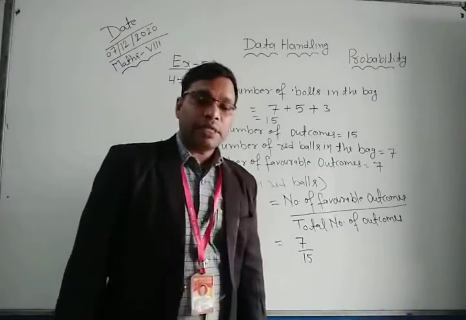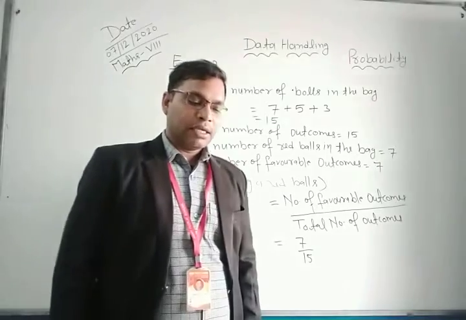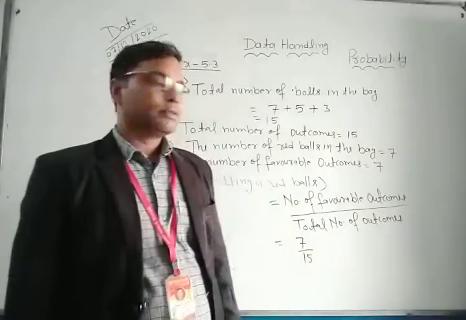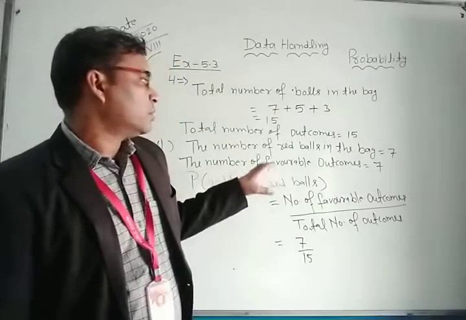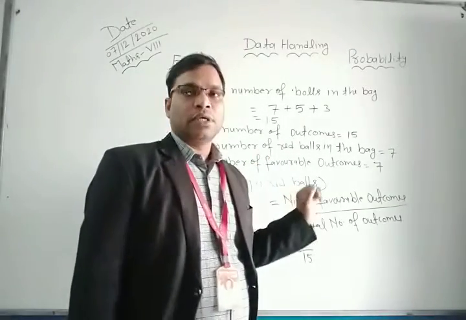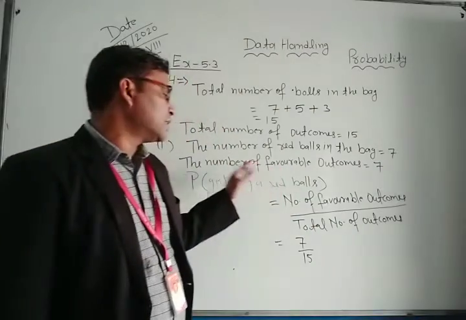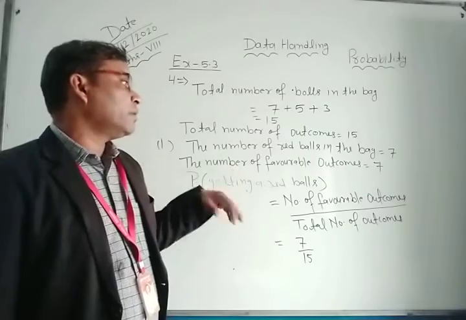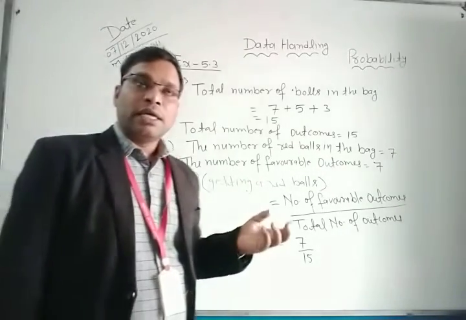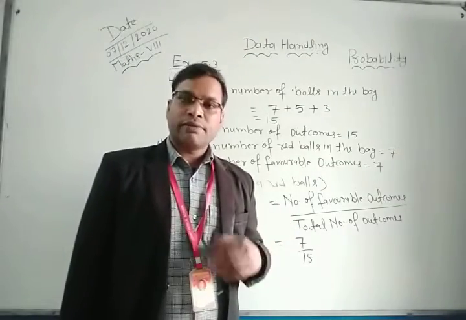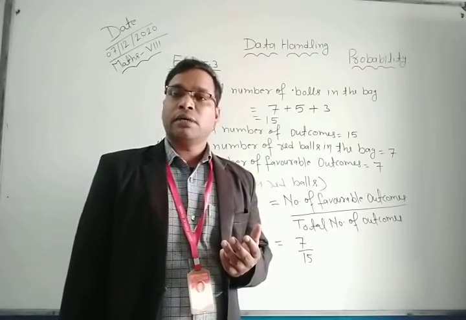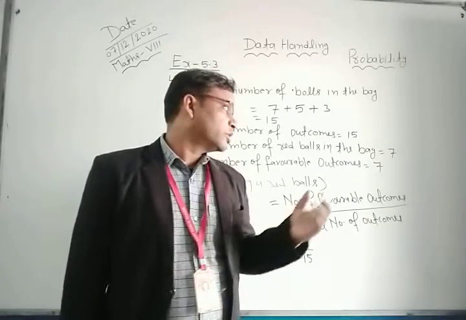The event is getting a red ball. The number of red balls in the bag is 7. So the number of favorable outcomes, because we draw a red ball, is the number of red balls, which is equal to 7.